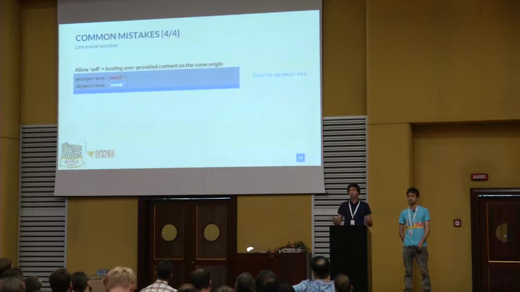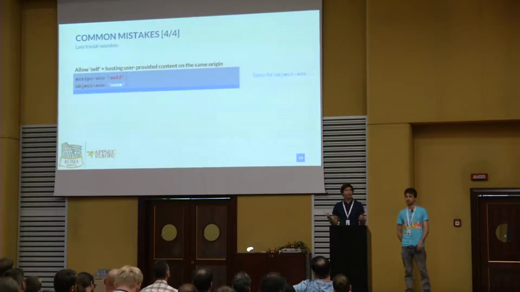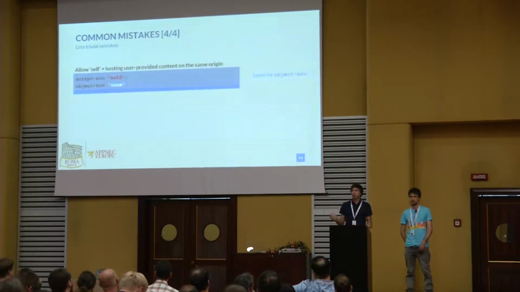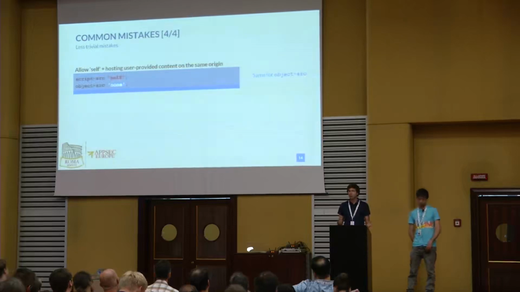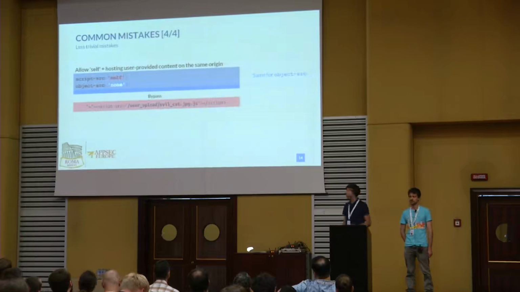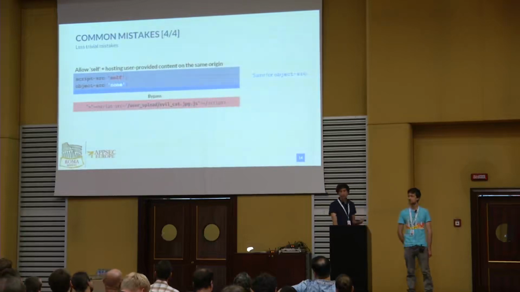But for example, if your application is hosted on a big domain together with other applications, or if you host user-provided data on your domain, or you have some weird error messages that allow you to echo back strings on your same domain, all of this potentially can be used to completely bypass the CSP as well, right? So for example, if you have user upload, you could include a script file like that from the same domain, same origin.